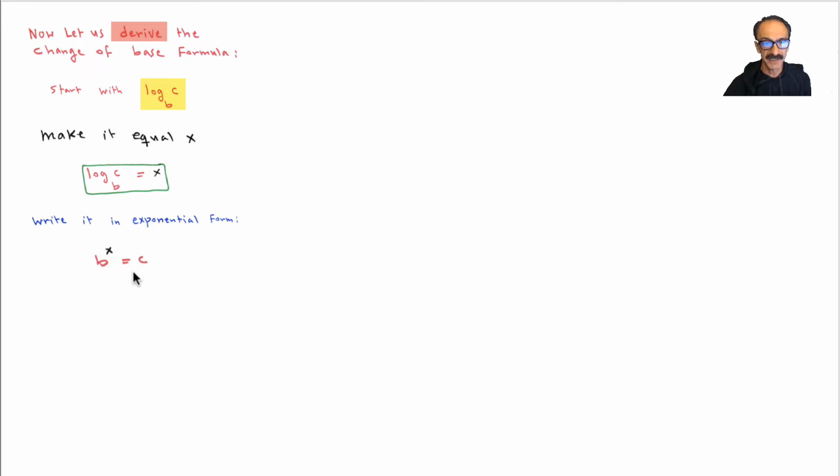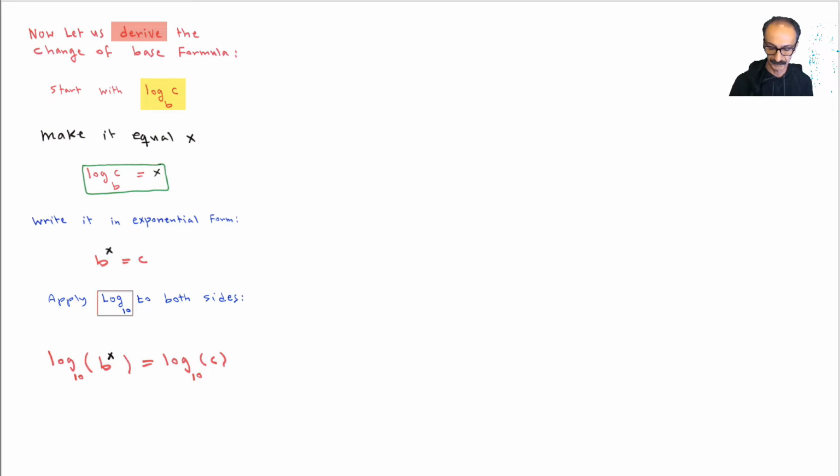Now b to the x equals c. We're gonna apply log to both sides. Here we go. Apply log base 10, of course, to help us do it quick and use a calculator. So I have log of b to the x equals log of c, of course, base 10.